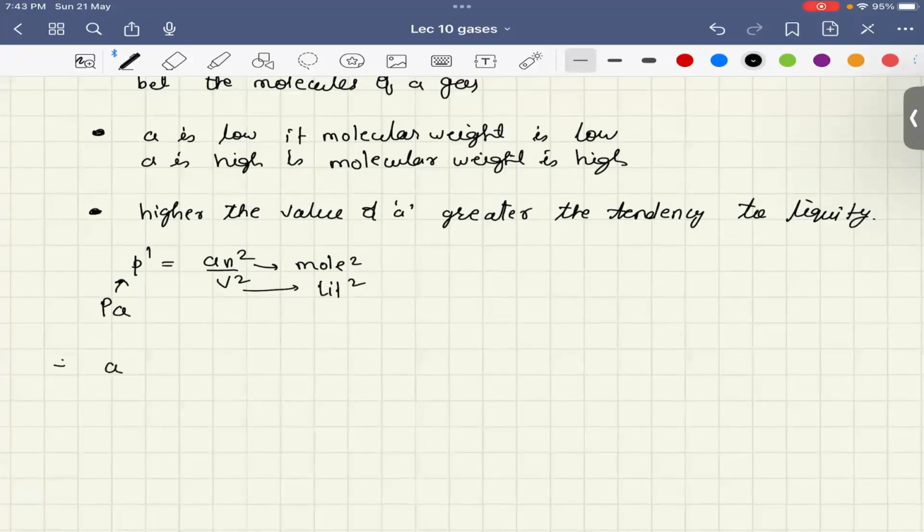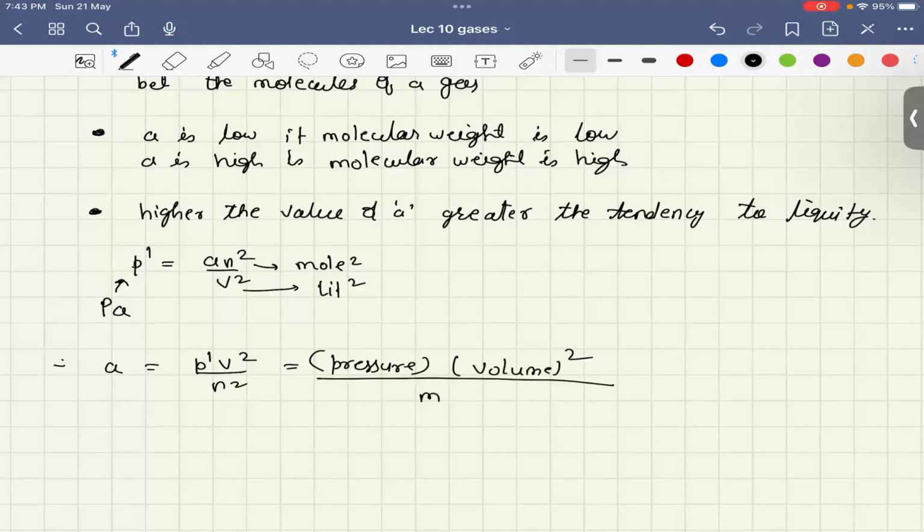Therefore, A is nothing but P dash V square by n square, which is pressure into volume square divided by mole square, right? Therefore, the unit of A comes out to be atm liter square by mole square, or bar decimeter to the power 6 divided by mole square, right?